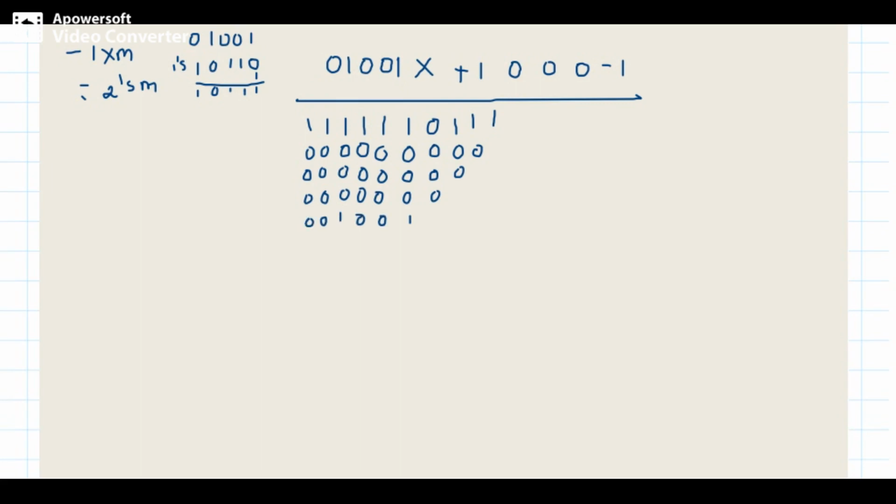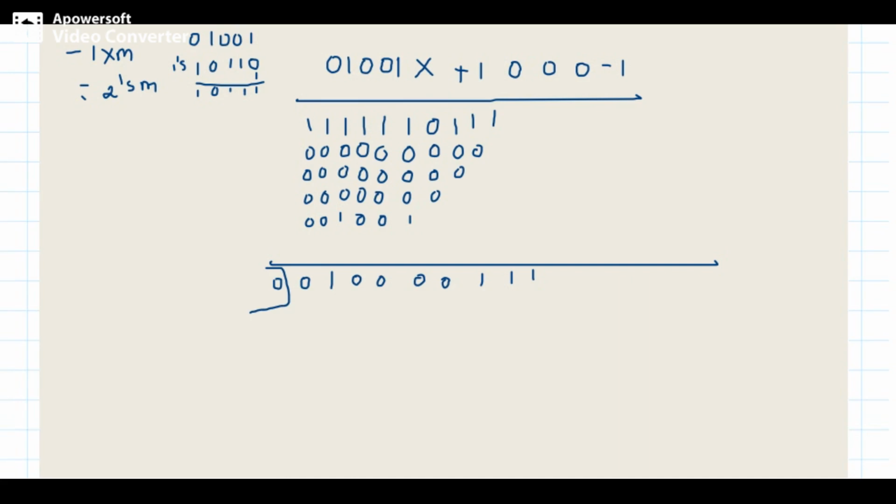So now we have to add the partial products. So for that, that is 1, 1, 1, 0, 0, 0, 0, 1, 0 and 0. So I can consider 10 bits, and I can neglect the additional bit.